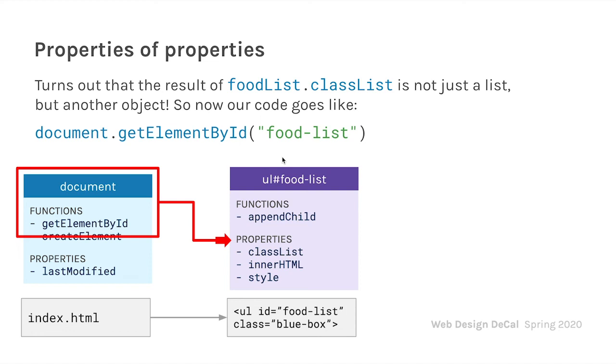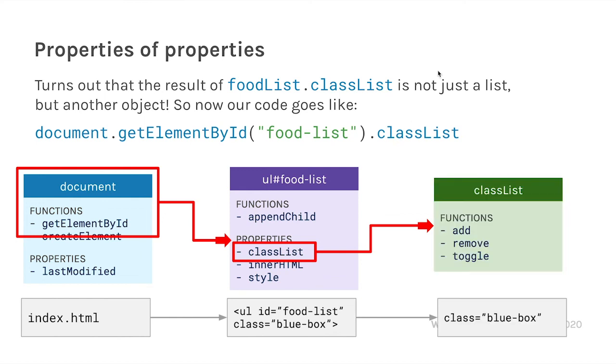Now we look in the properties and functions of this HTML element object, and we say .classList. And here we're saying that we want to look at the classes that this object has. And so, like I said, it turns out it's not actually a list, it's a whole other object.